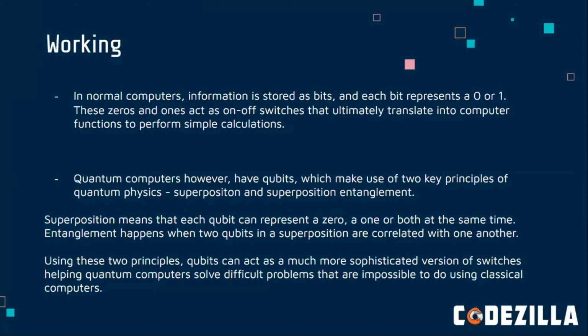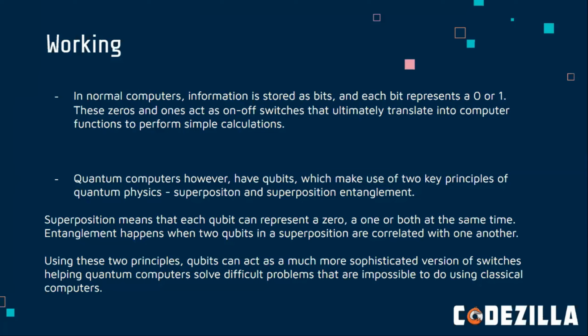The working of quantum computers. In normal computers, we all know that information is stored as bits, and each bit represents either a 0 or 1. These zeros and ones act as on-off switches that ultimately translate into computer functions to perform simple calculations.